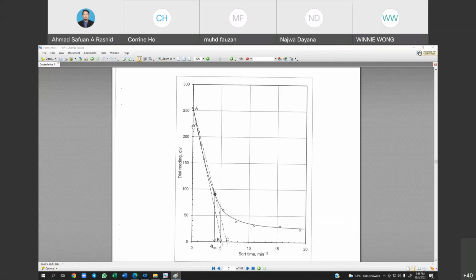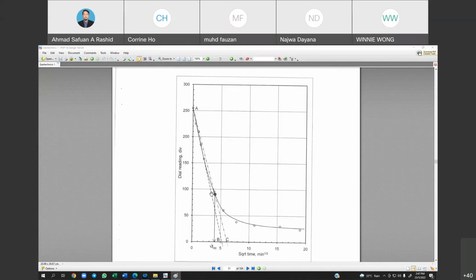The second is to extend the AB line. Then from there we can get the C. The extension should be 0.15 from any other line, horizontal line.